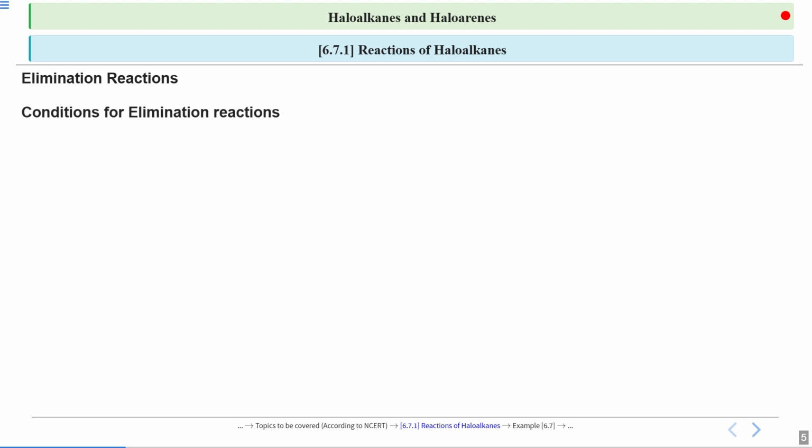So first of all, let's see the conditions for the happening of the elimination reactions. First condition is there should be the presence of beta hydrogen in our reactant.